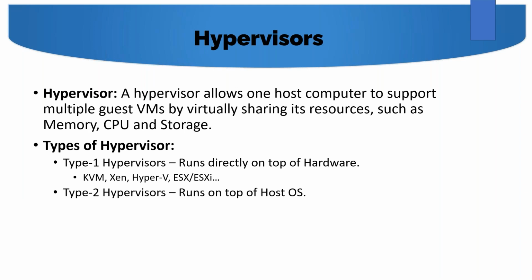The other is the type 2 hypervisor, which runs on top of the host operating system. In type 1, we have examples like KVM, Xen, Hyper-V from Microsoft, and ESX and ESXi from VMware. And in type 2, we have Oracle VirtualBox and VMware Workstation.